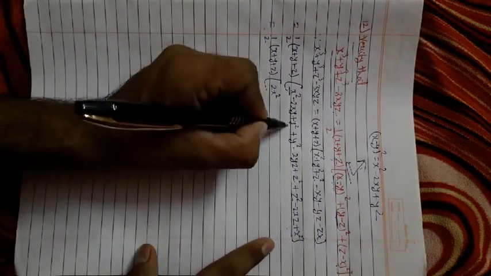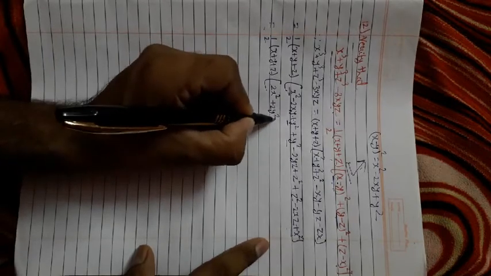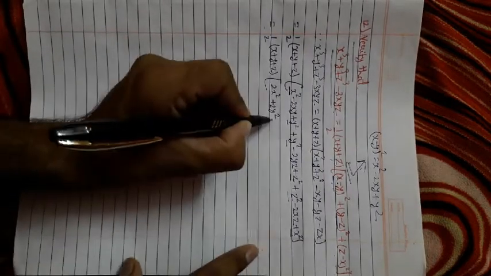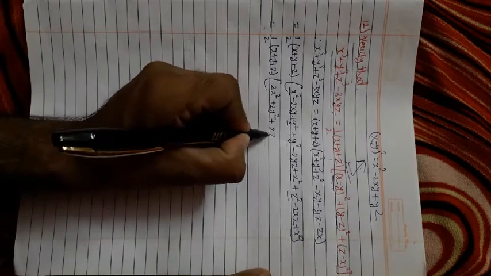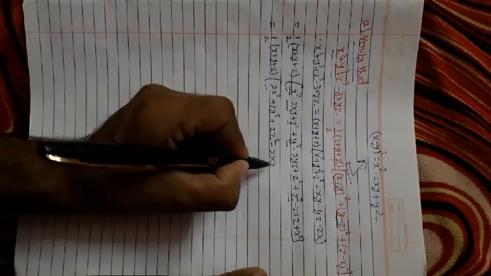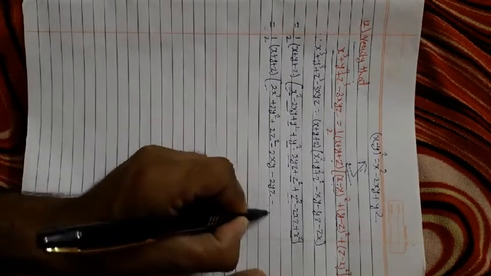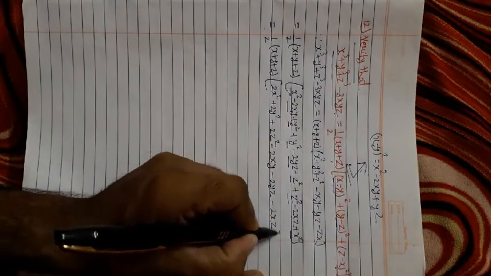Next, y square and y square can be written as 2y square. Z square and z square can be written as 2z square. Next we have minus 2xy, then minus 2yz, and the last term minus 2xz. So these terms we have arranged.